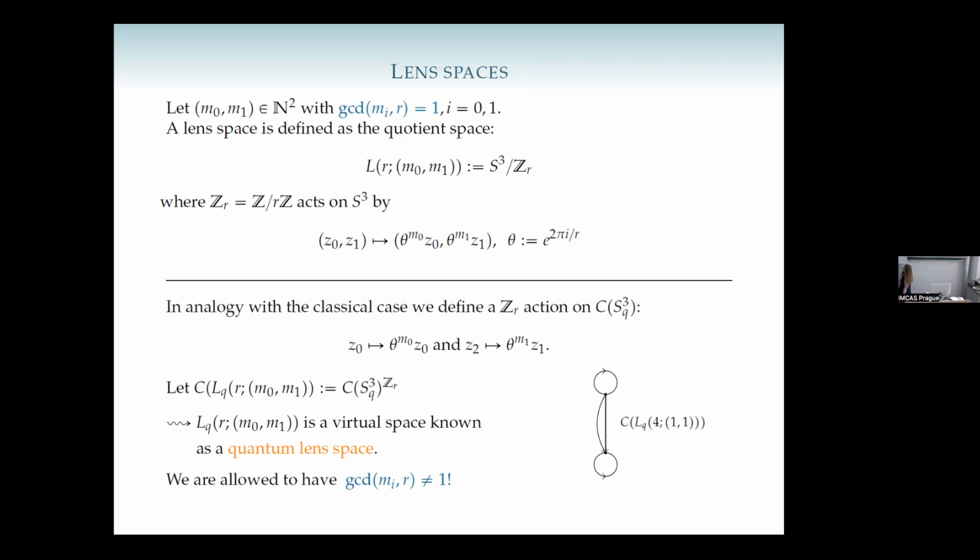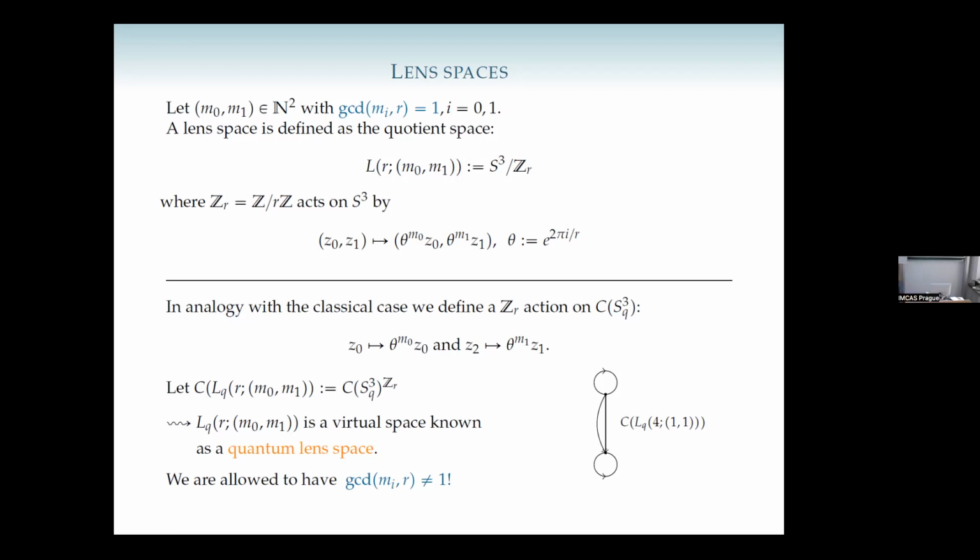This is an action because if you use these, theta to the power of m0 times z0, and similarly here, and put them into the relations, you see that they also satisfy the defining relations for S_q^3. Again, we think about this L_q, this quantum lens space, as a virtual space. But in the quantum setting, we are allowed to have the greatest common divisor different from 1. It's no problem here.